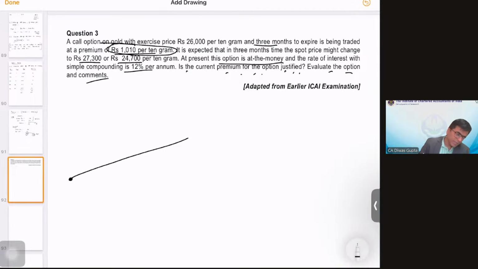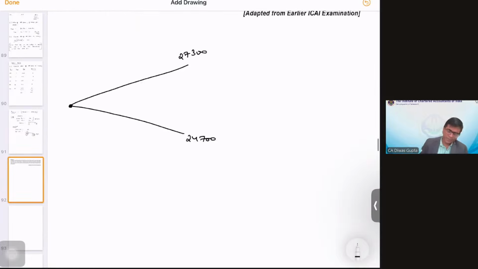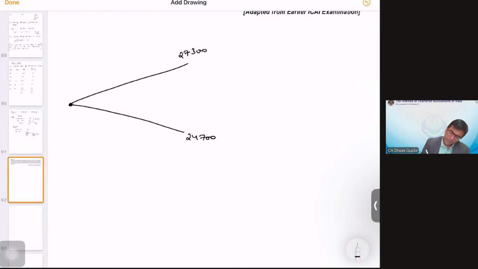So here the prices are moving as 27,300. Here the prices are moving as 24,700. So let's do the calculation of probabilities.